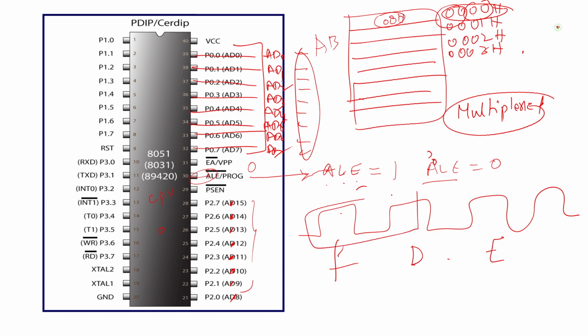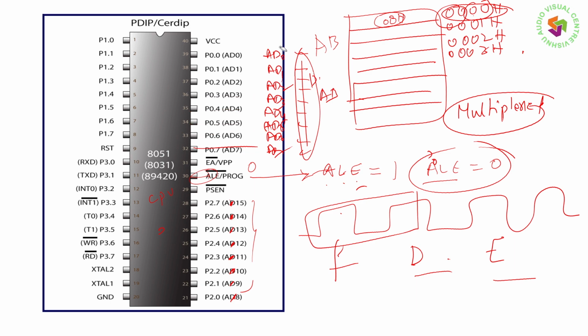Generally, the first 2 clock cycles are for fetching, and during that time the bus contains address. After the fetching is done, during decode and execute, ALE will be 0, so the bus contains data and acts as data bus. So this mainly depends upon the fetching concept.